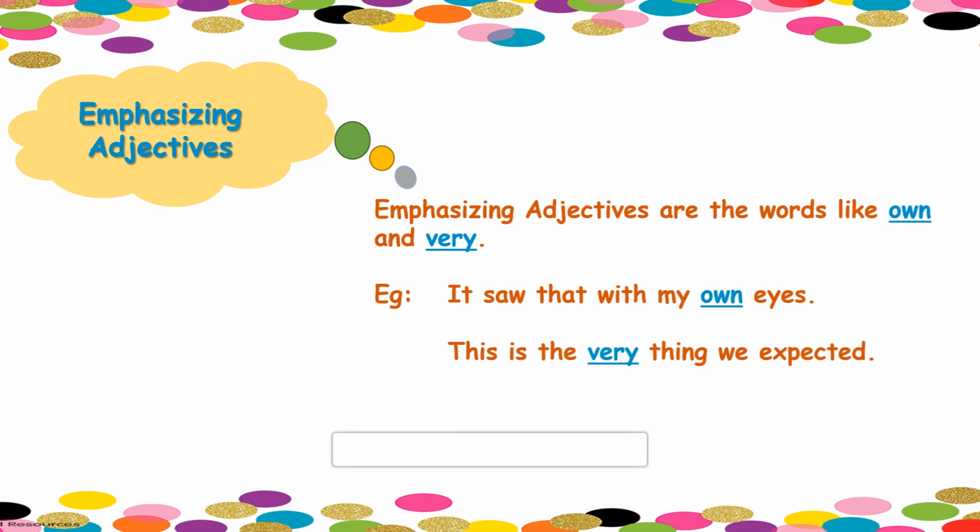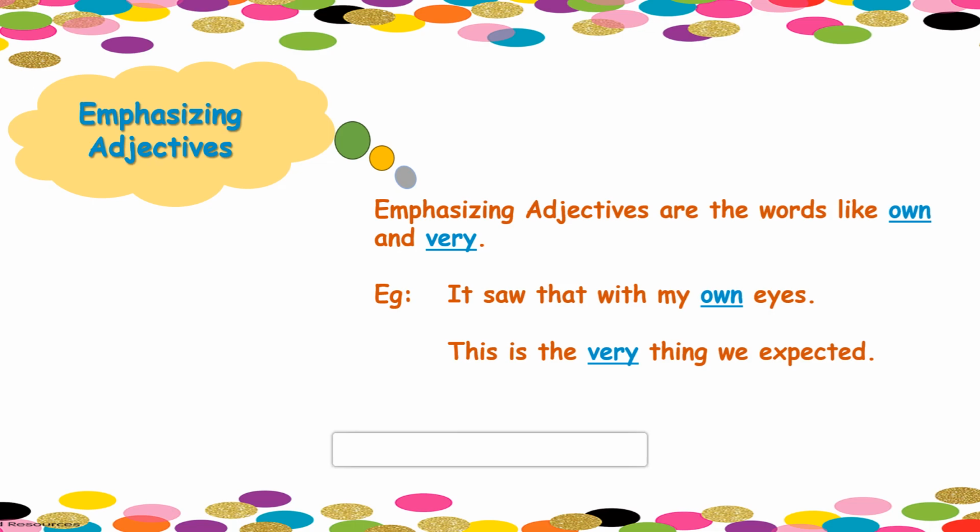I saw that with my own eyes. Then, this is the very thing we expected. Again, if the sentence is like, this is the thing we expected, okay, here you're not emphasizing. But the moment you say this is the very thing, you are emphasizing. You are saying यही चीज हमने expect किया था.